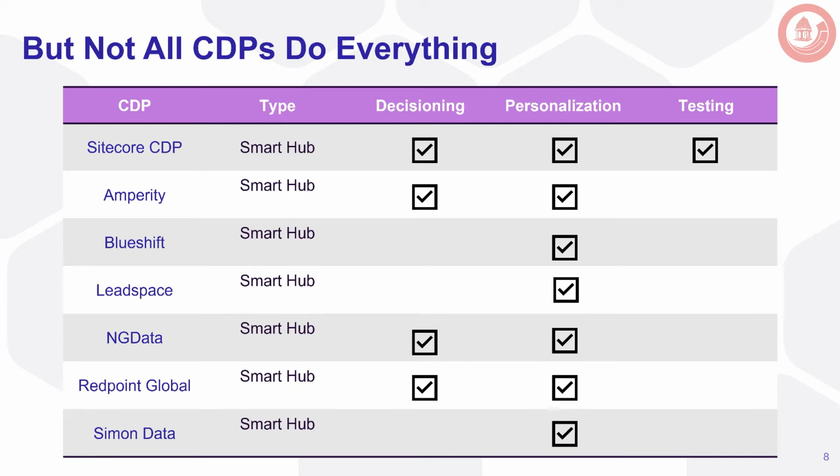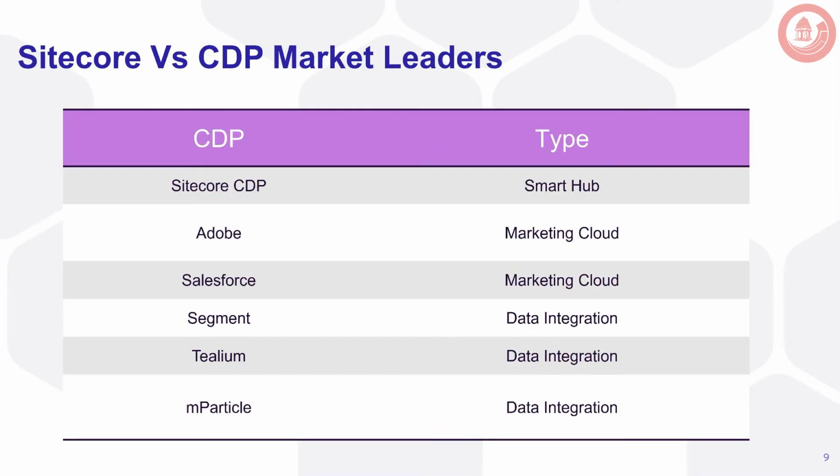Right, so with CDP, we know that all components are offered by CDP itself. But what are the other competitors in the market? Here are the market leaders for their CDP types. We can say that Sitecore, Adobe, Salesforce, Tealium, and mParticle are the leaders in the market, where Adobe and Salesforce are from Marketing Cloud, which we already discussed comes with a bit of inflexible data management, and profile unification is also not that strong.